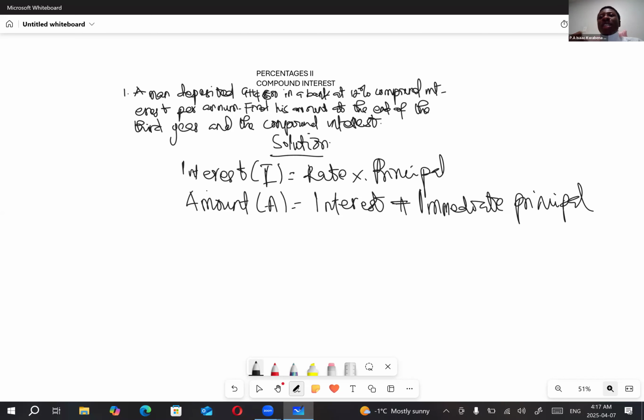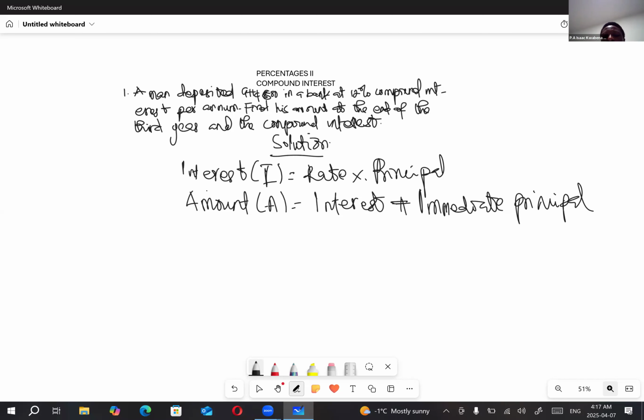How much interest has he accumulated? That's what we are using as compound interest. Compound means big, like the compound eye of a mosquito. Compound, big: the gross, or the largest interest.